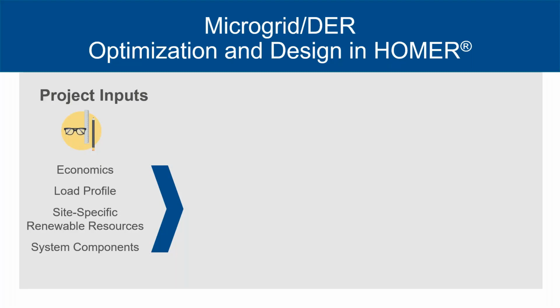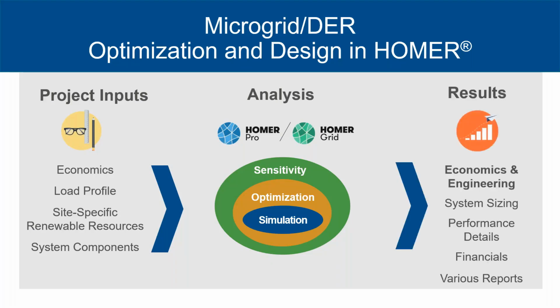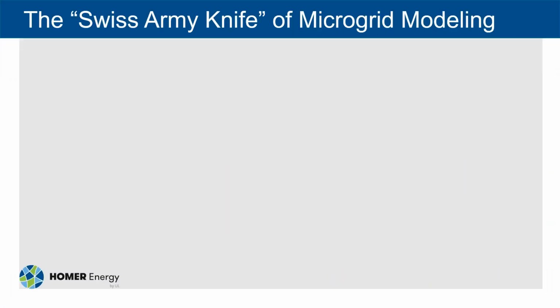And you also specify which system components you would like HOMER to consider, what might be possible for you. HOMER then steps through the three nested processes we talked about: simulation, optimization, and sensitivity. And then it provides very detailed results on the economics of all the systems and exactly what's going on in every hour or every minute.